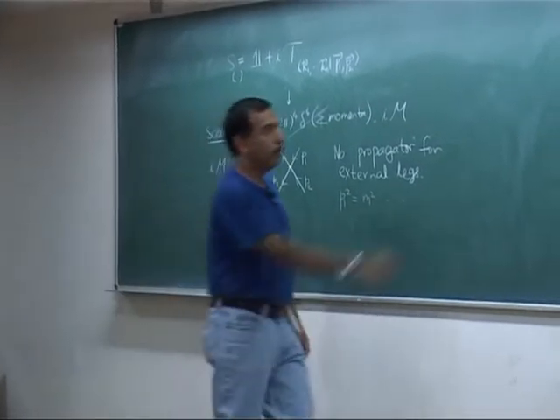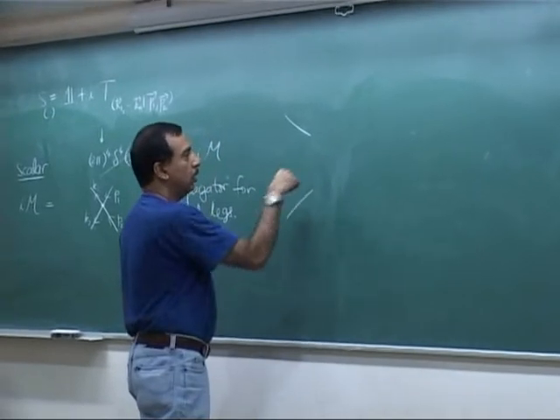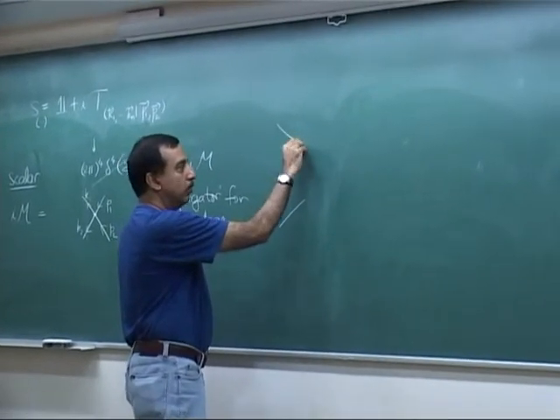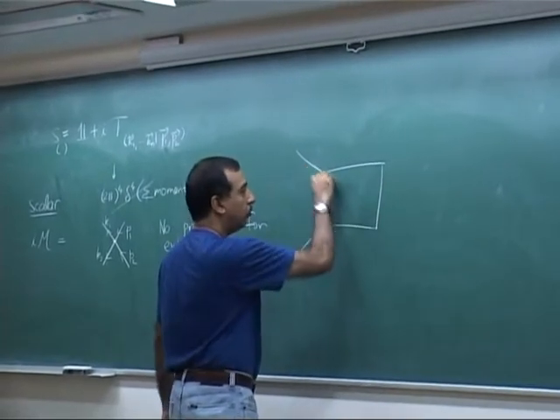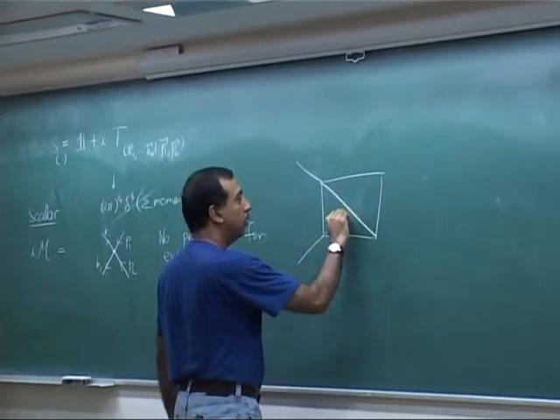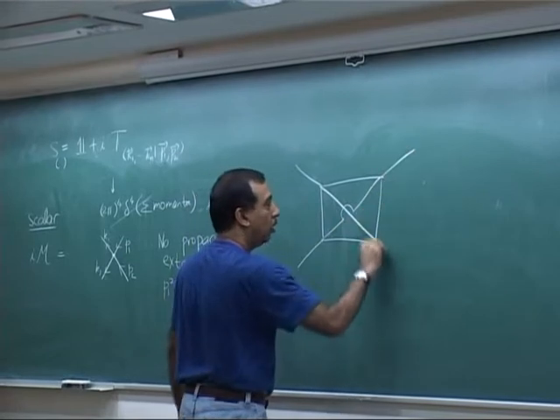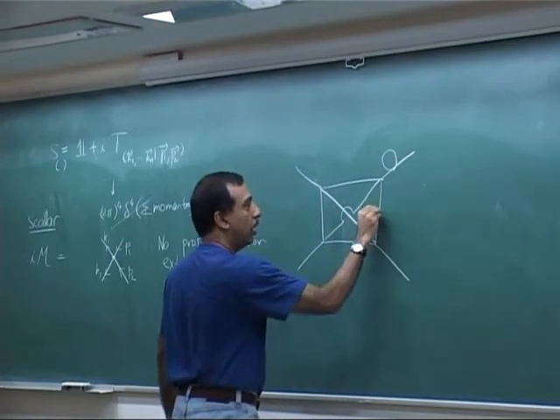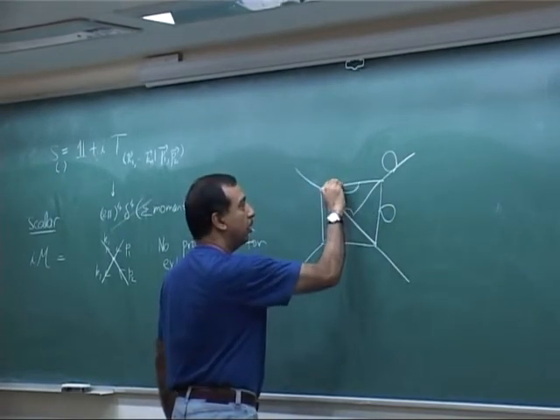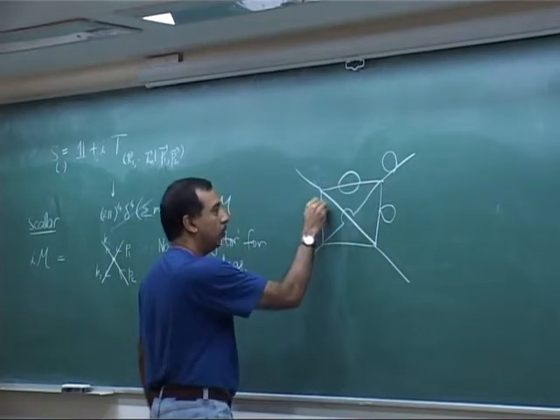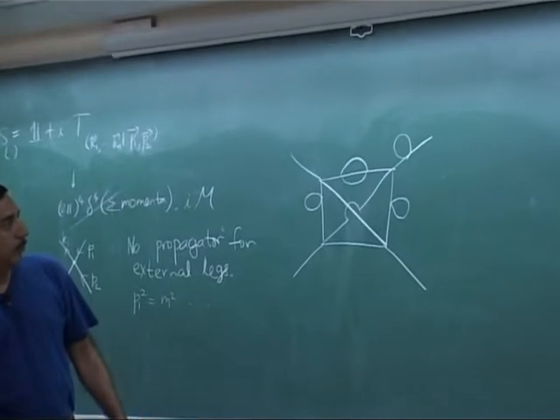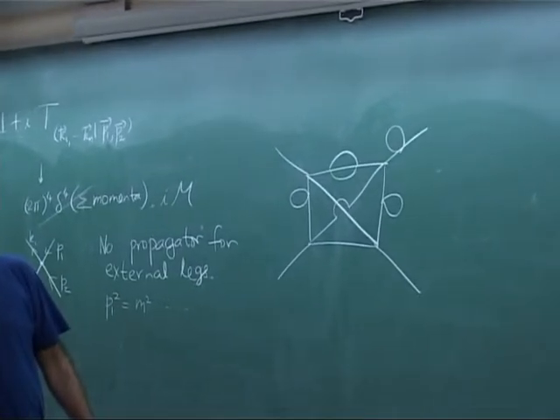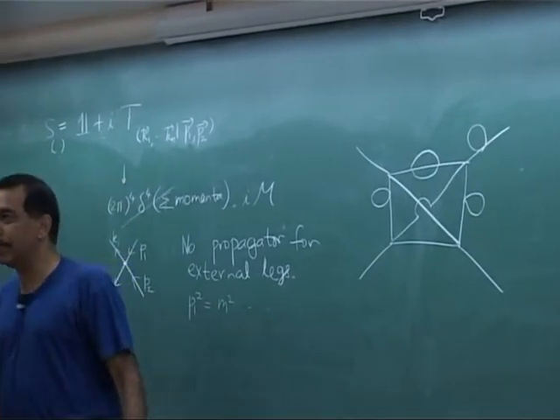That is, for example, for the 4-point function, if I calculate it to all possible loop orders, I could have a diagram like this with all kinds of loops. What order is this Feynman diagram? What order in lambda is this?